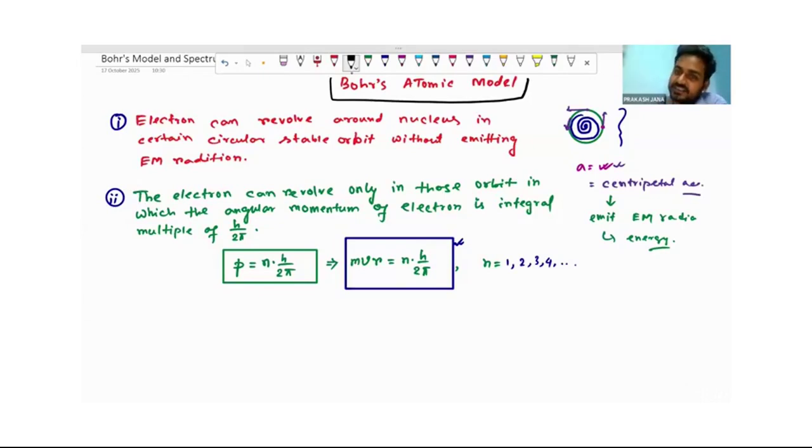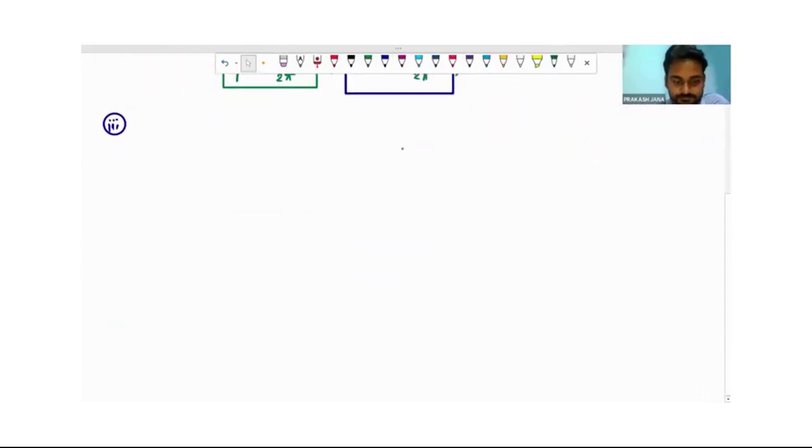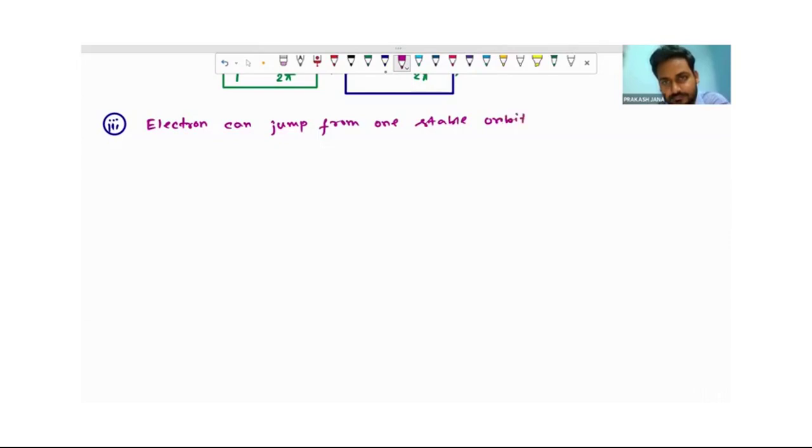Then when does it emit? Bohr's postulate says that an electron can jump from one stable orbit to another. Suppose the energy of that stable orbit is E1.